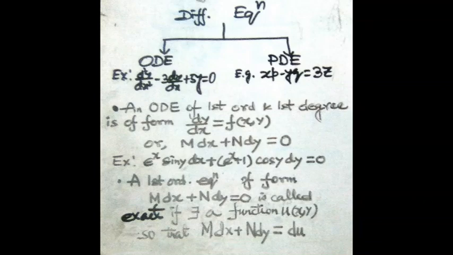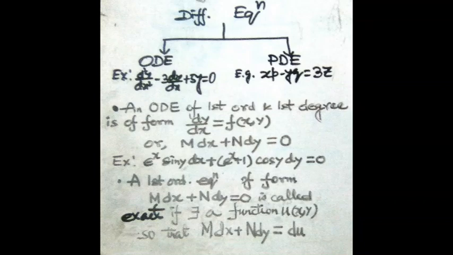But in case of a partial differential equation, we have to consider partial derivatives of the dependent variable with respect to two independent variables. Or in other words, suppose z is the dependent variable and we have to consider two partial derivatives, del z/del x and del z/del y. So x p minus y q equals 3z is an example of a PDE.